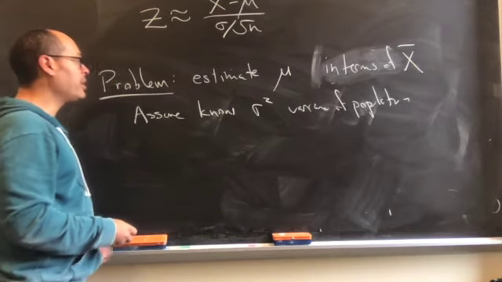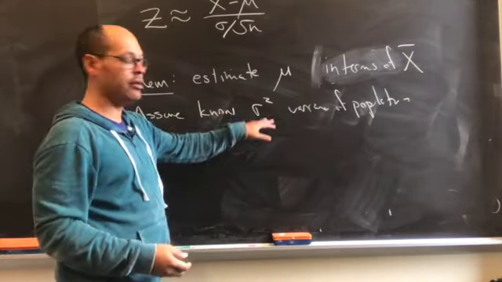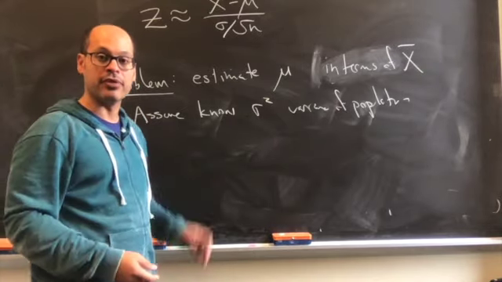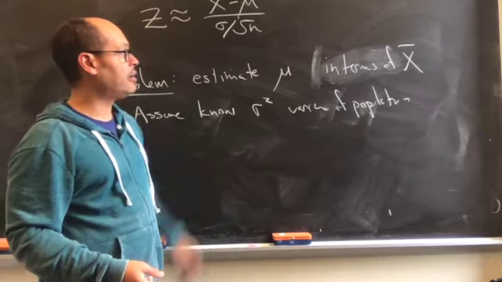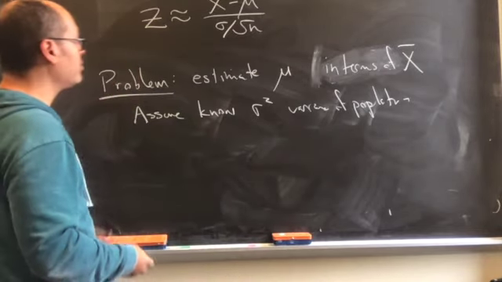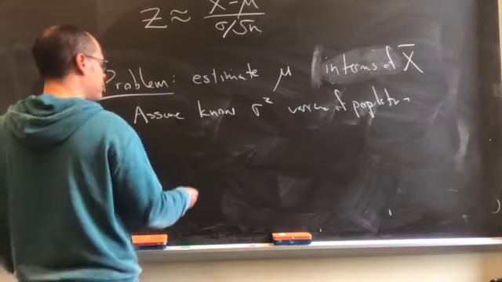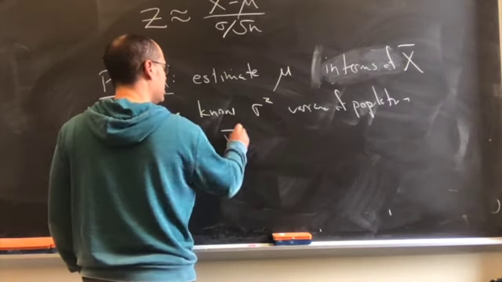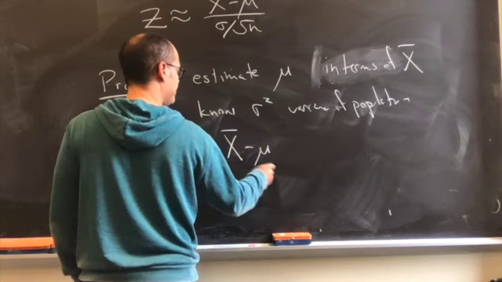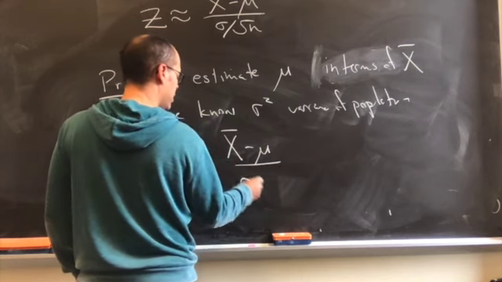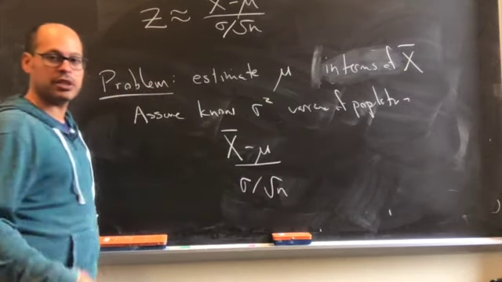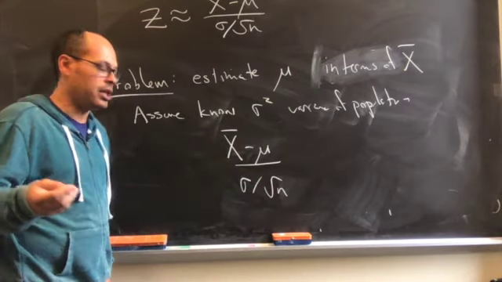Suppose you know the variance of the population, and you want to estimate the mean of the population using the sample mean. What this tells us is that this particular combination is a normal random variable, and so it's easy to make some estimates.